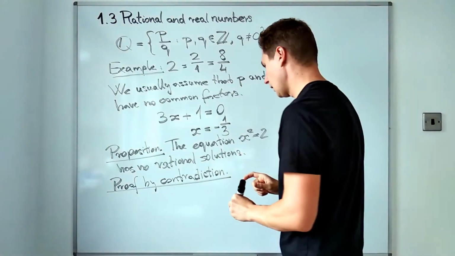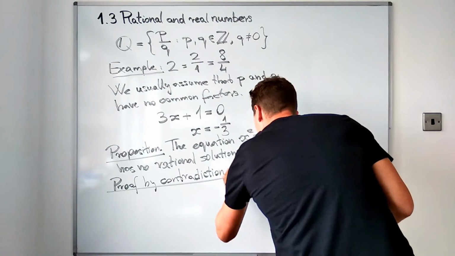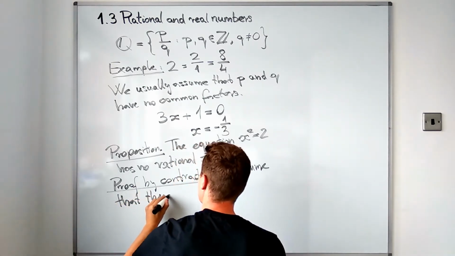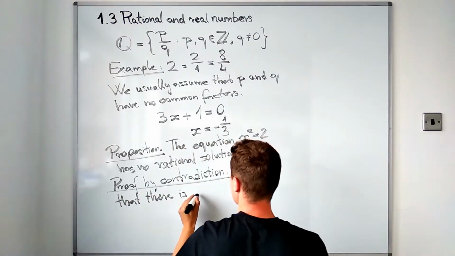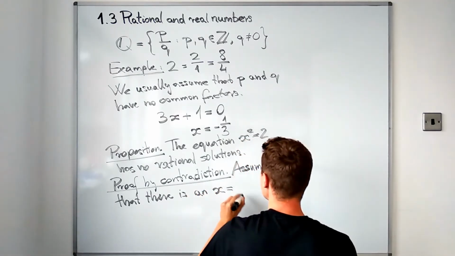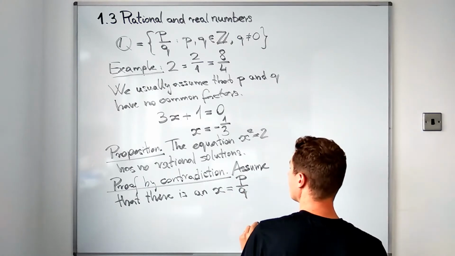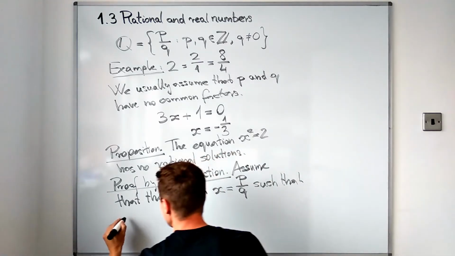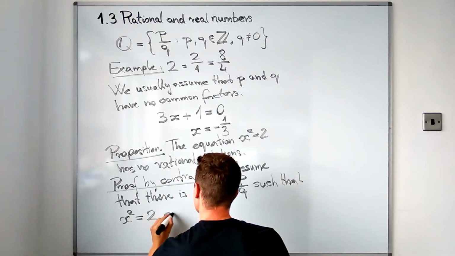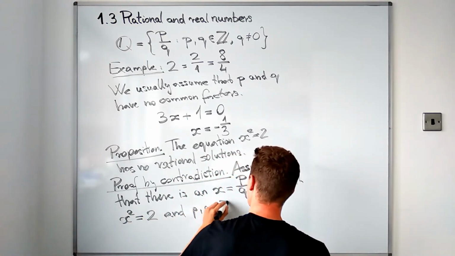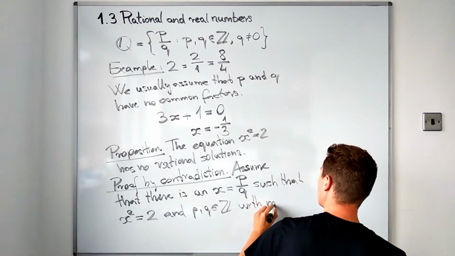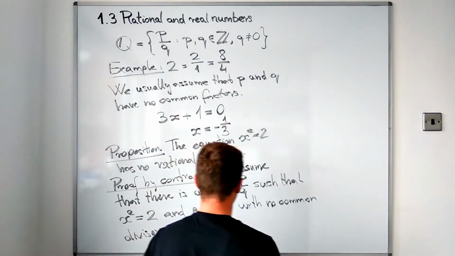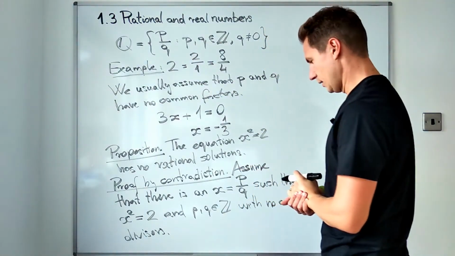So let's do that. Let's assume that there is an x in the form of p over q, a rational solution, such that it squares to 2, and p and q are integers with no common divisors, just like we have introduced rational numbers.